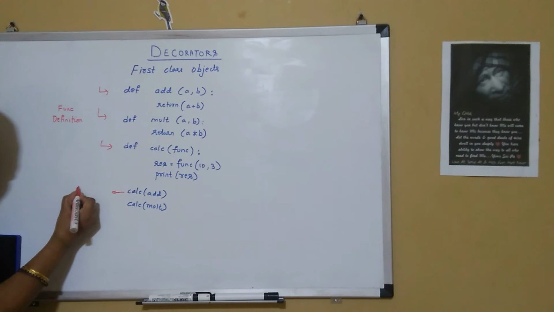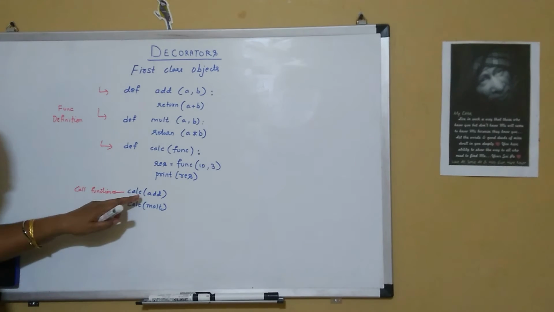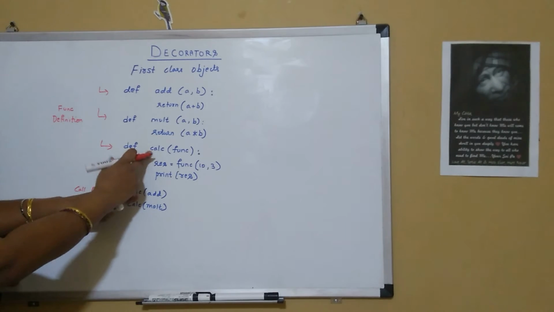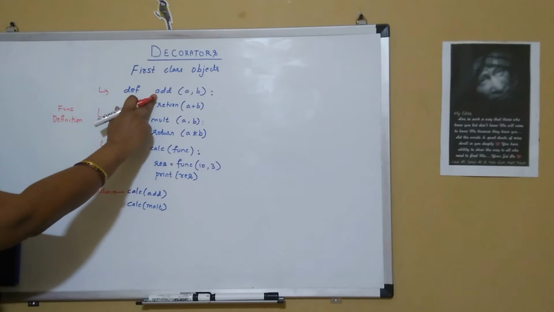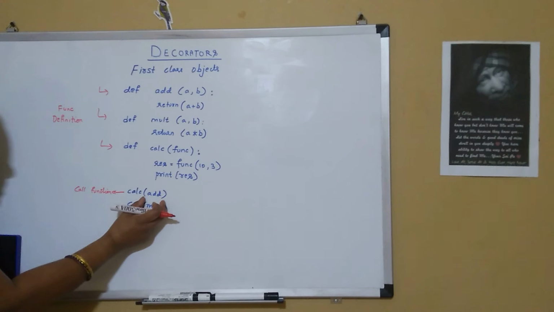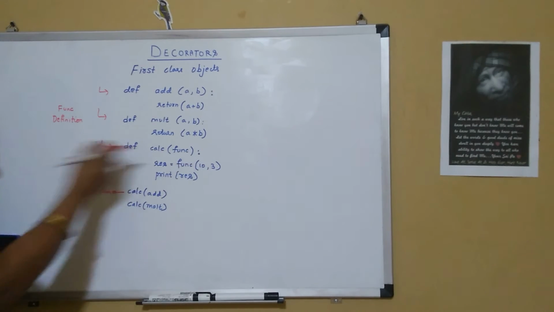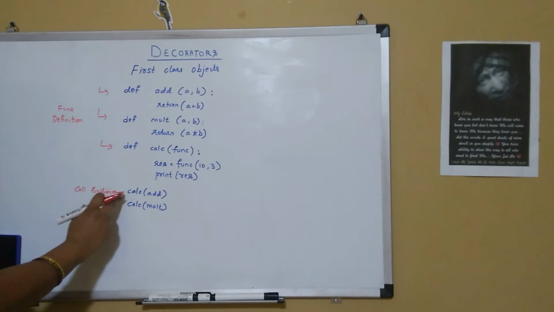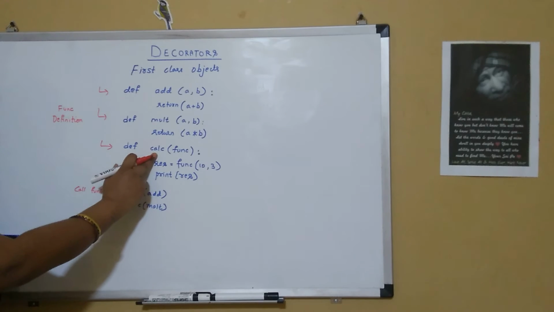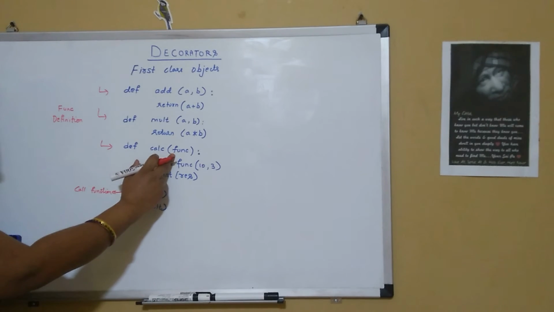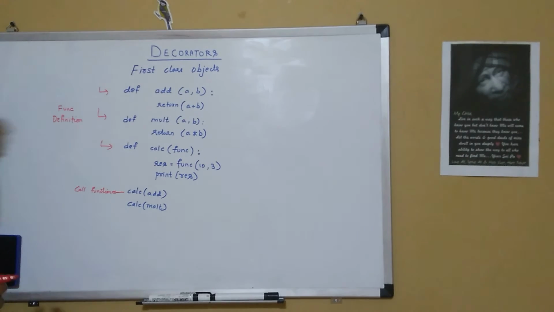This is the function call, wherein we are calling calc, which is a function, and I am passing add as the parameter, which is itself a function. I am passing this function as an argument to the calc function. So here we can prove that we can pass a function as a parameter to another function. So add is being passed as a parameter to the calc function, so we can treat functions as first class objects.